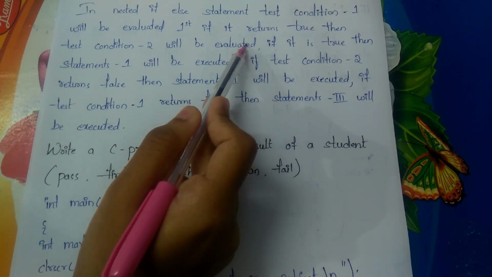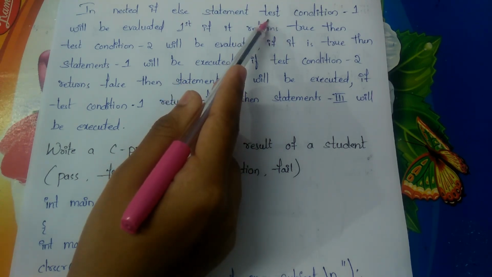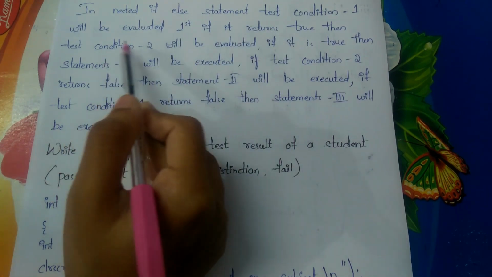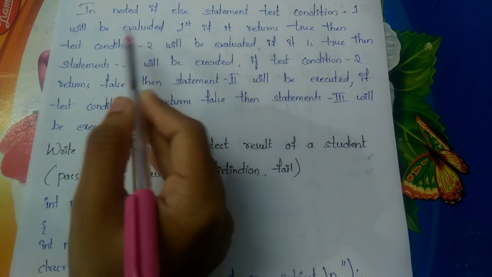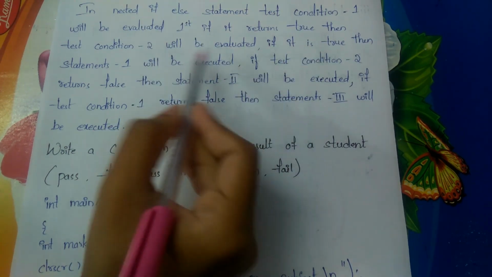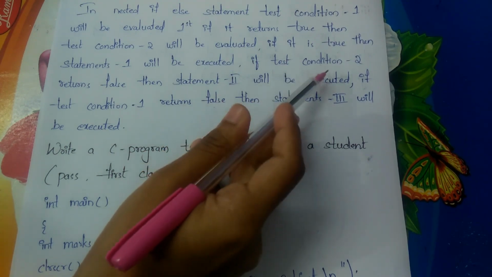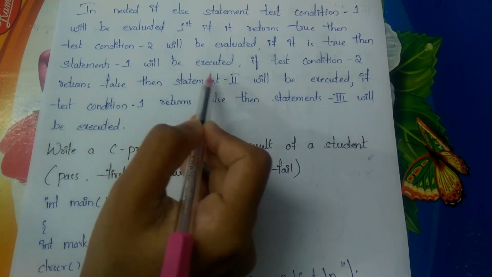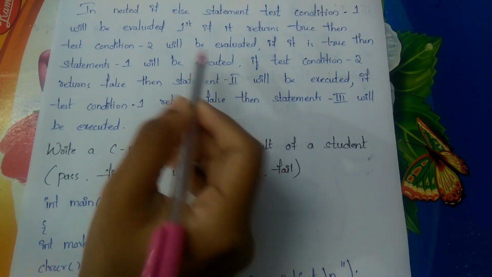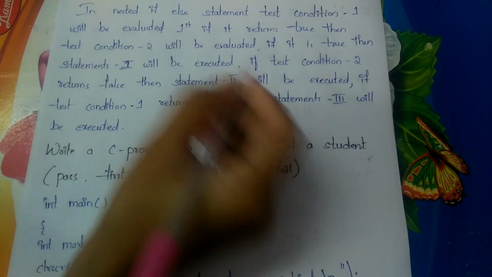Whenever the test condition 1, that is the first if, is evaluated and returns true, then test condition 2 will be evaluated. Again in test condition 2, if that returns true, then statement 1 will be executed, or if test condition 2 is false, then statement 2 will be executed. This statement 2 is present in the else block, and statement 1 is present in the if block.